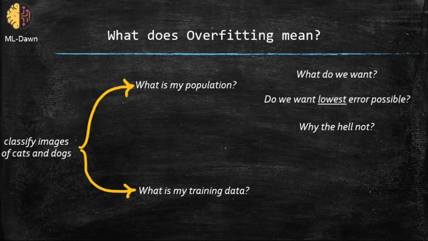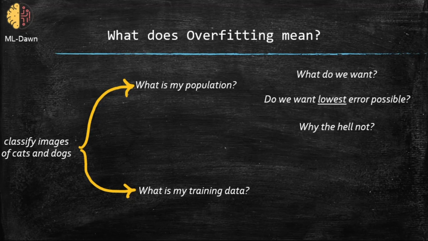So it means the only things that I can recognize as a cat or a dog are literally the only images that are in my training data. Any other cat images, any other dog images, I will never recognize them as either cat or dog, because I've memorized my training data. I haven't fitted to my training data. I have overfitted to my training data.